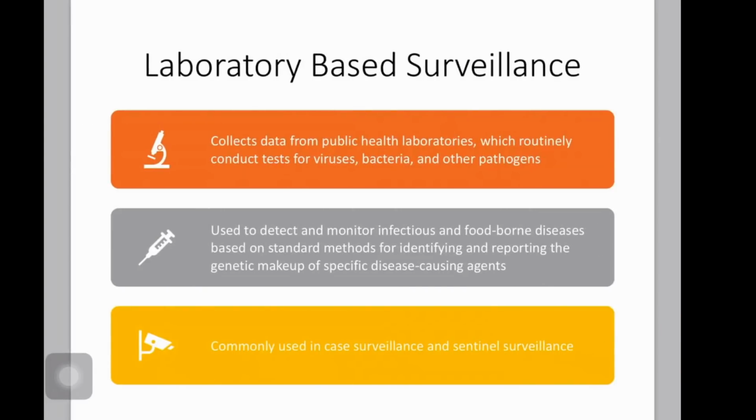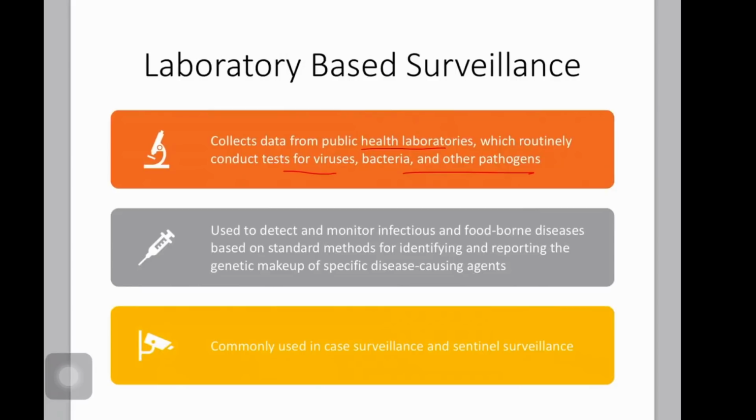Now, some surveillance we do based on labs. For example, randomly or anonymously, we collect data from the public, on which we routinely conduct tests for viruses, bacteria, and other pathogens, just to check with random sampling whether any certain pathogen exists in the blood, RBC and others.